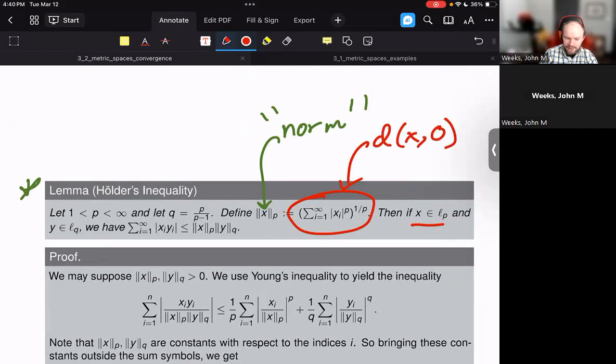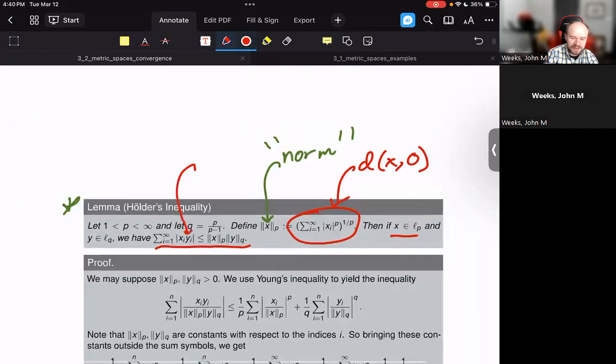Then if x is in little lp and y is in little lq, you get this little inequality right here, which bounds what this is: taking two sequences and multiplying corresponding entries together, then taking their absolute value and looking at their product in the l1 metric.